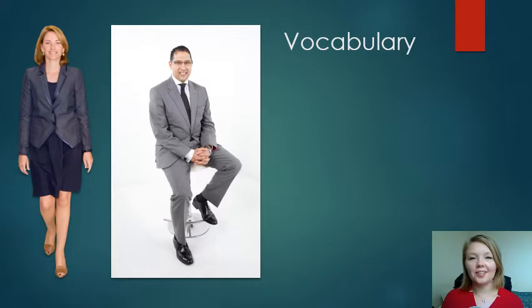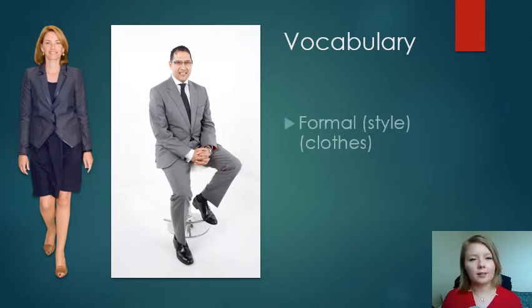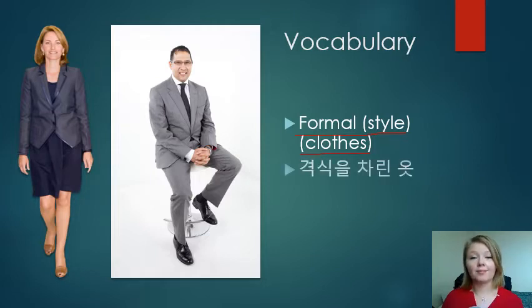Okay, here is our next set of pictures. Do you remember how we would describe what these people are wearing? We would call this formal clothes. We could say formal style or formal clothes. So let's say it again, formal. And there's our definition.